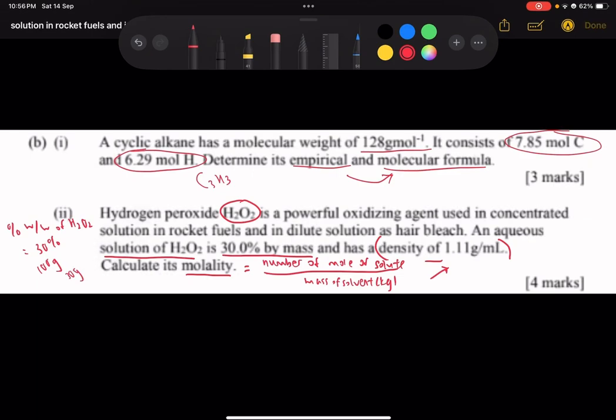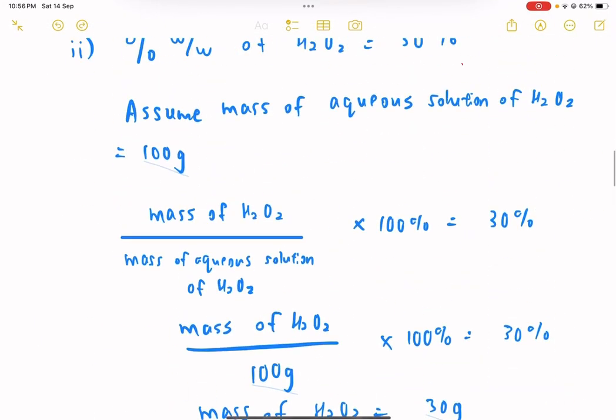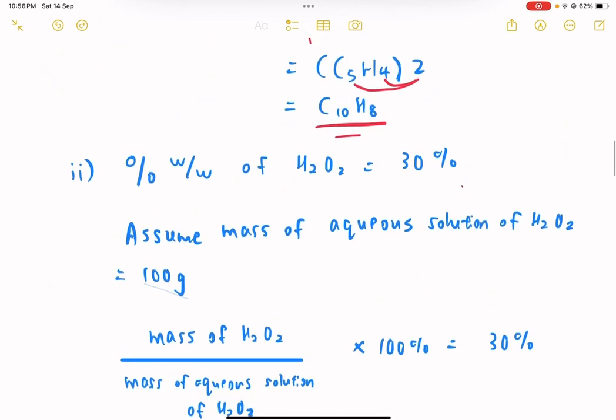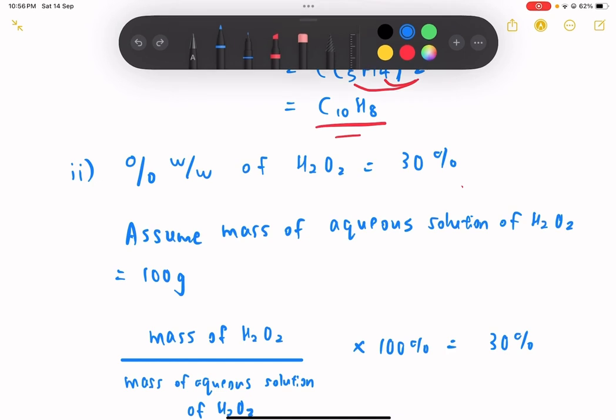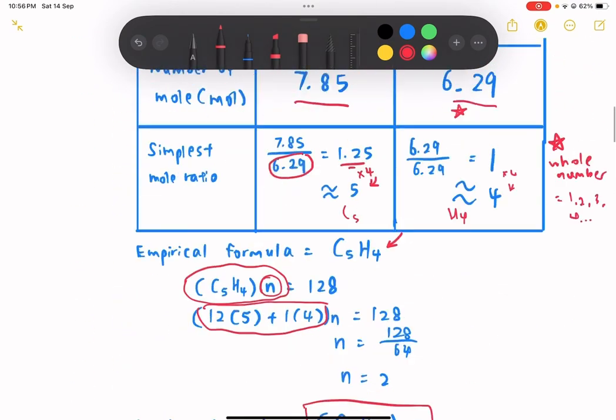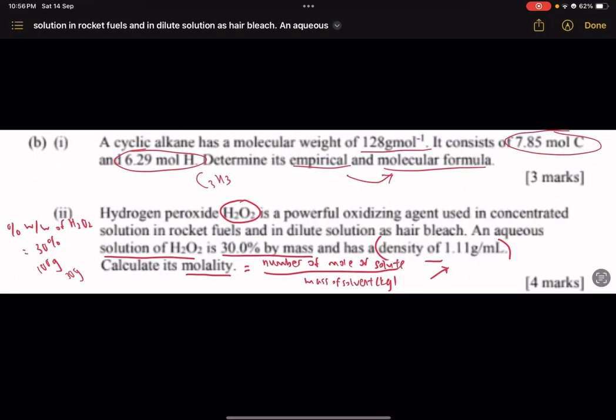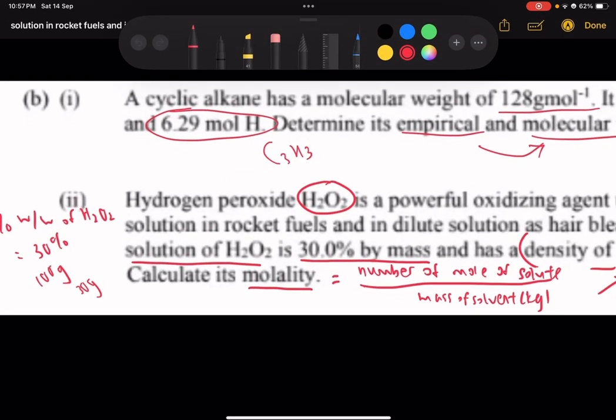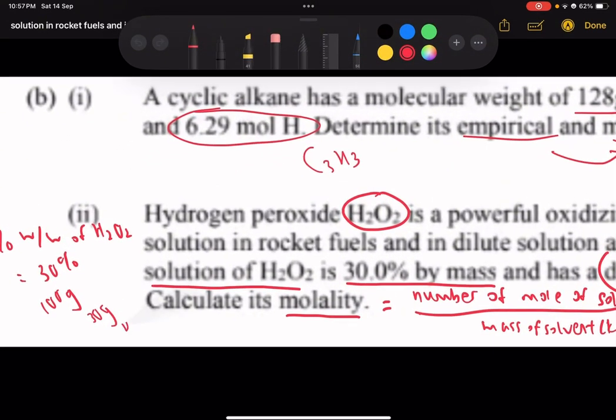Okay, so here we assume the mass of aqueous solution of H2O2 is 100 gram. Okay, so here is 30 gram. 30 gram is for H2O2.